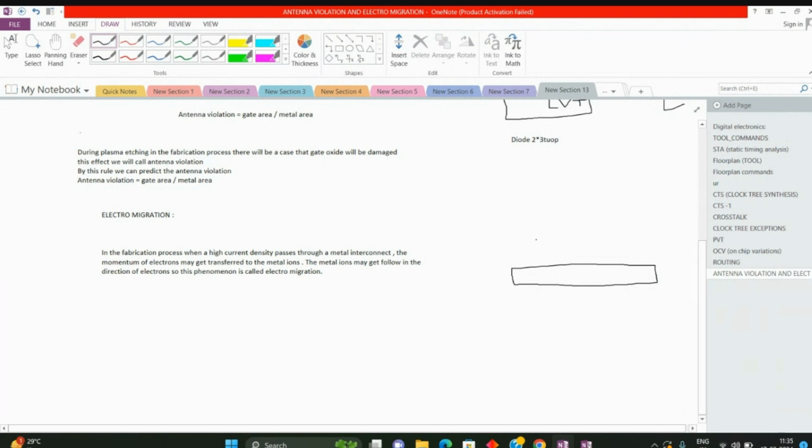So when a high flow of electrons is coming through the interconnect, this is only in the metal layer. At that time, when the high flow of electrons and the high current is coming, suppose these are ions.